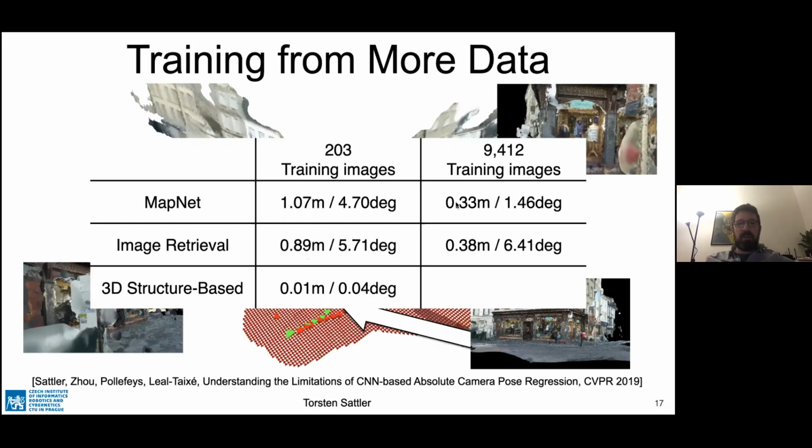As you can see, both pose regression and the retrieval method benefit from more data, but they still have a much higher error than a simple structure-based method that uses an order of magnitude less data.